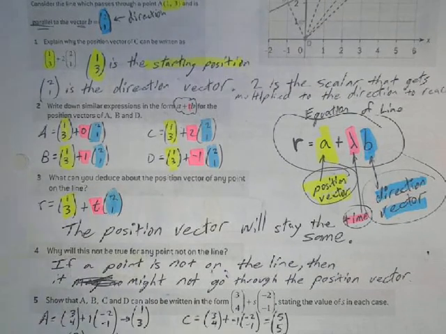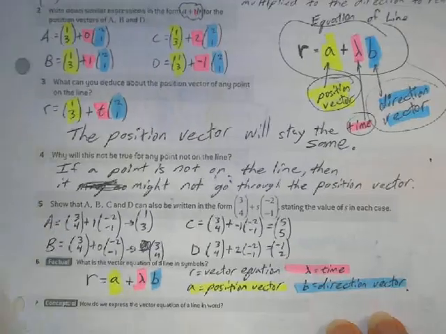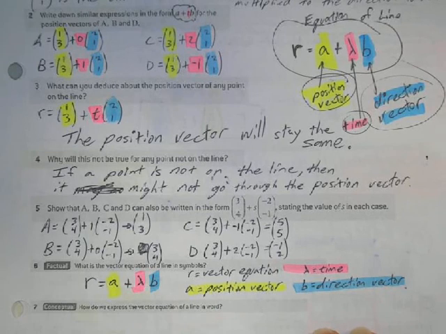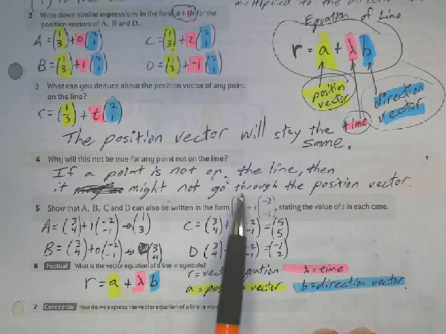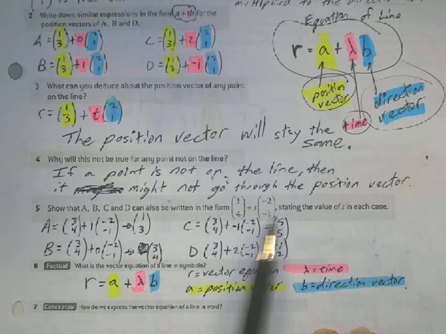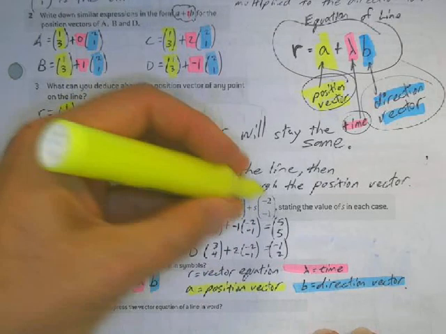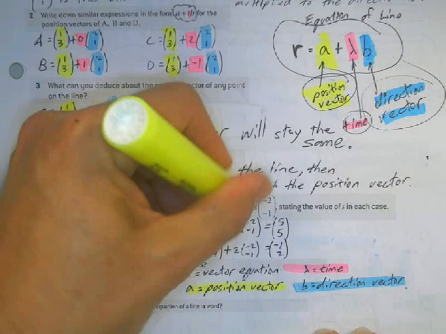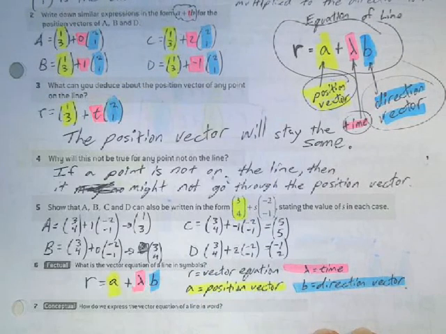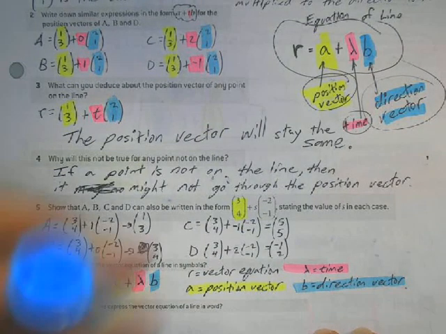Okay, so let's move forward. Show that A, B, C, D can also be written in the form (3, 4) plus s times (-2, -1). So they've changed my position vector, and we've also changed my direction vector.